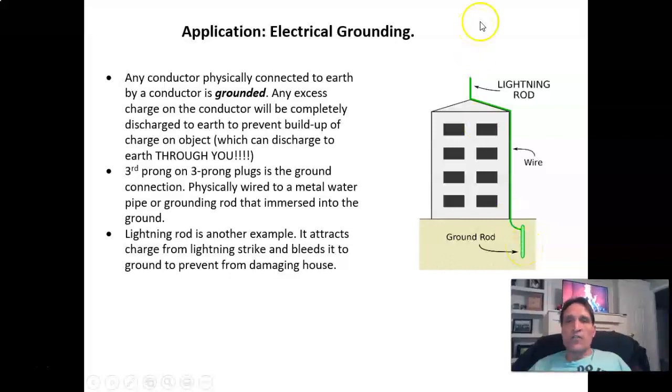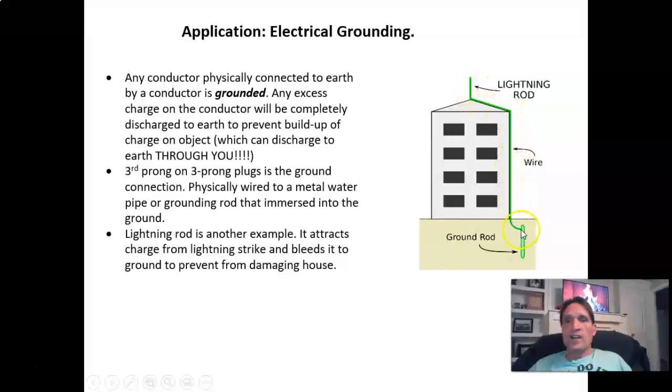And now suppose that lightning strikes the rod, what's going to happen? Okay, well, there will be charge attracted to the rod. The rod is connected to the wire, and so the charge on the rod will go through the wire.